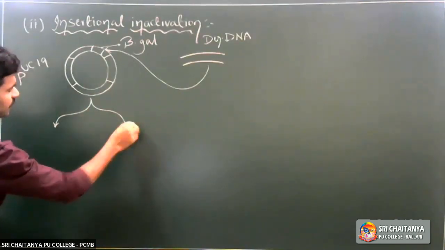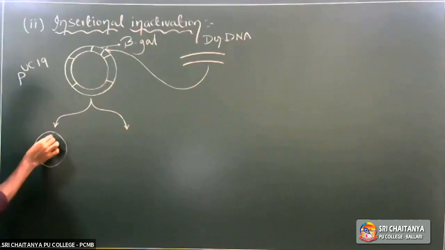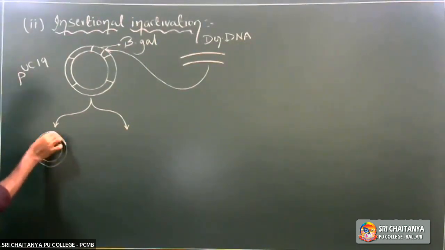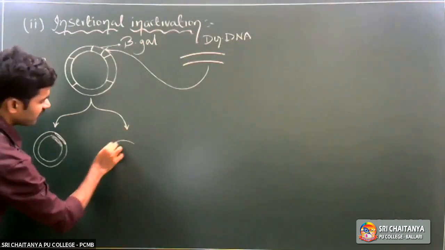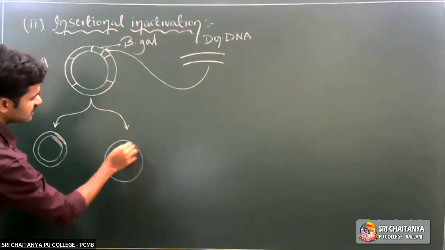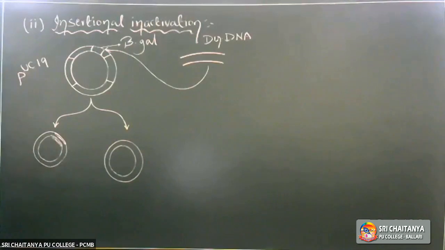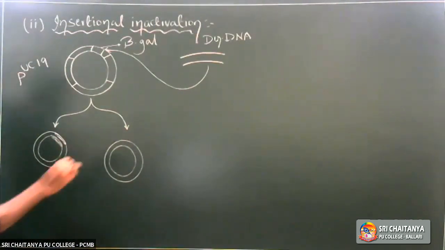What are they? Some vectors have an insert, and some vectors do not have any insert. So we call them altered vectors and unaltered vectors.